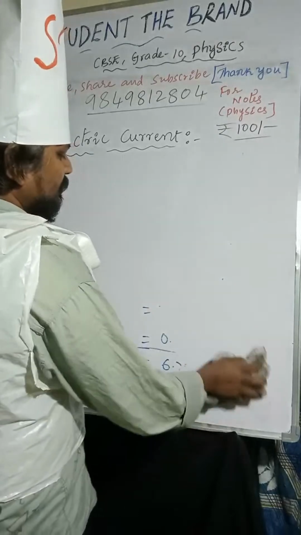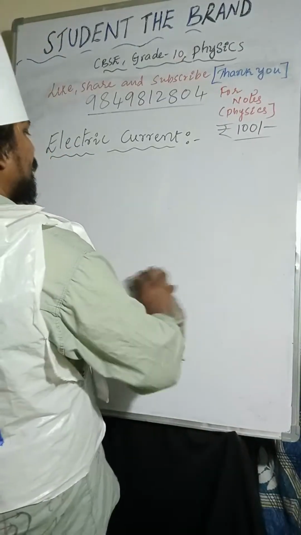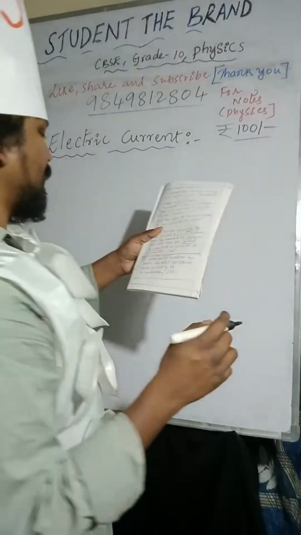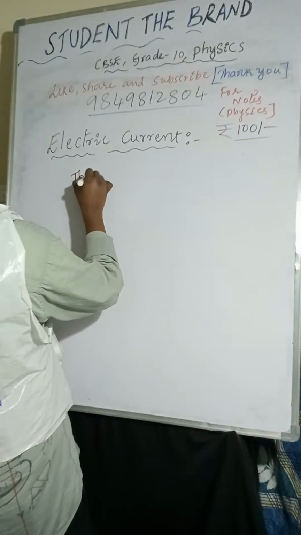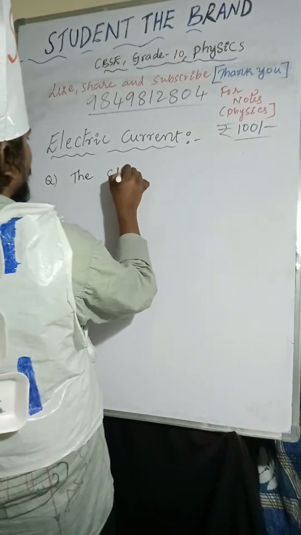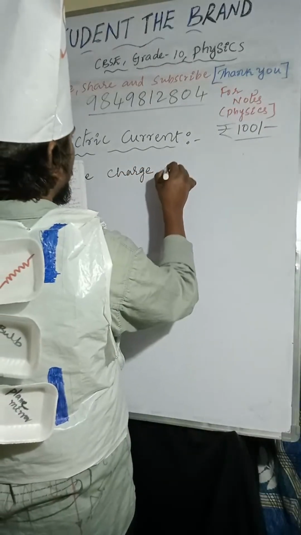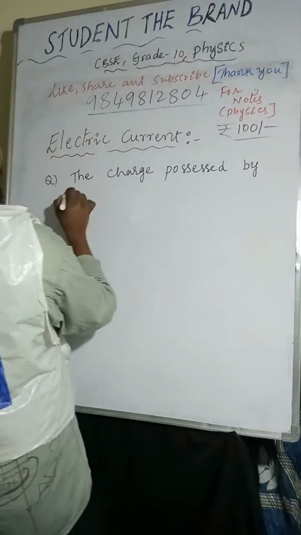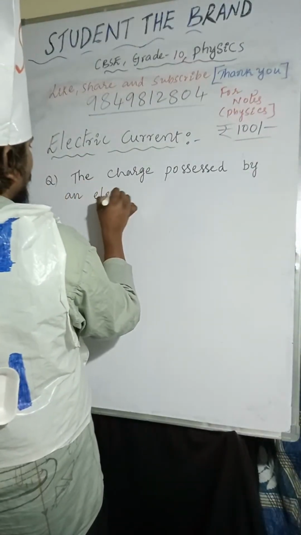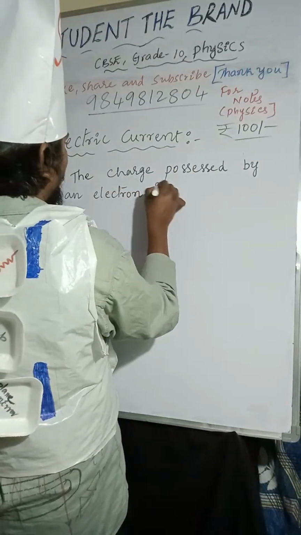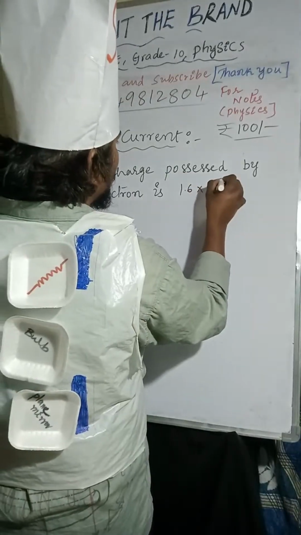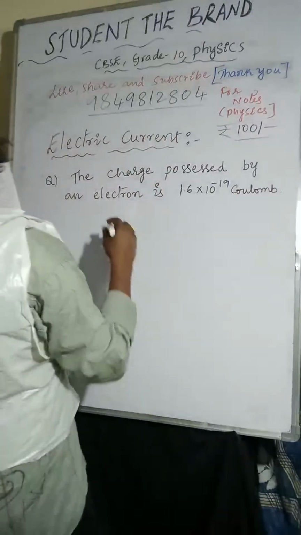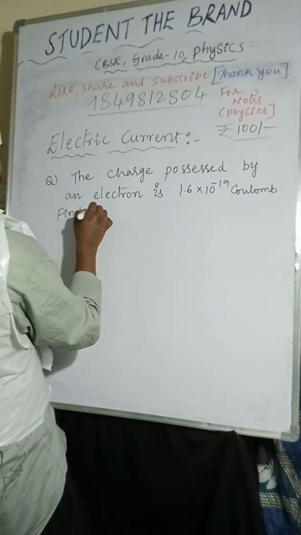So you can see here, the question is: the charge possessed by an electron is 1.6 into 10 power minus 19 coulomb.